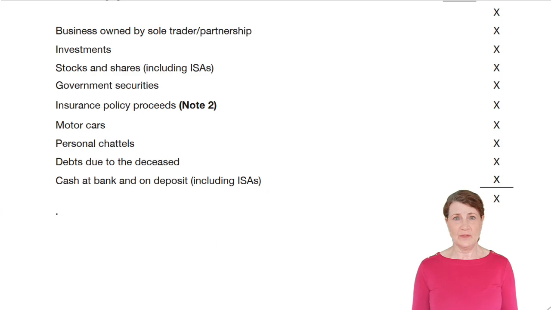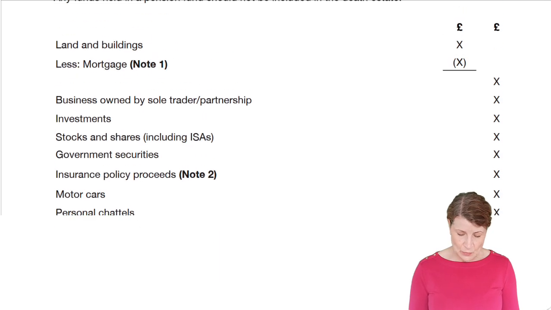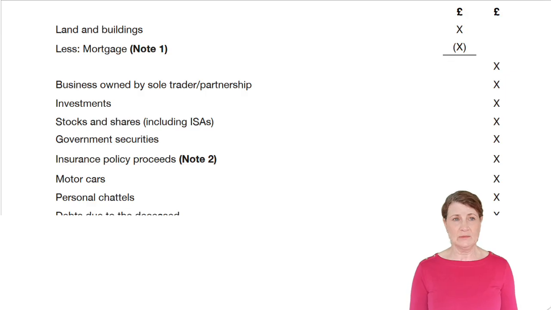The way that exemptions work for inheritance tax is we don't exempt assets, we exempt the transfer based on the recipient, and the only exemption in the death estate is the spouse exemption.